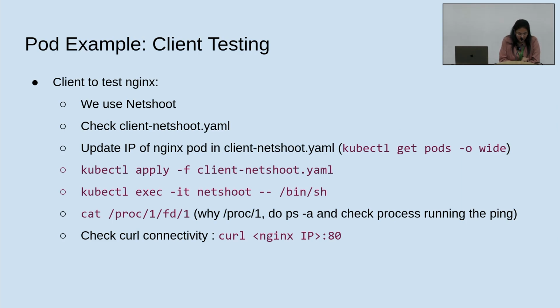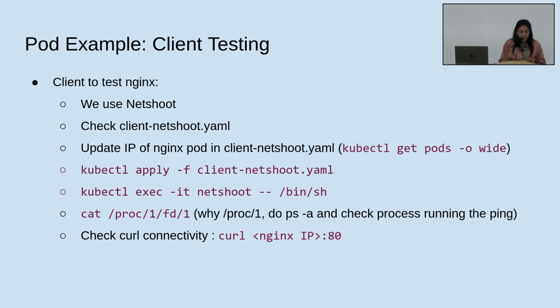What this YML basically does is it starts a netshoot pod which runs this netshoot container, which can be used to access this other Nginx container that's running inside the other pod, right? So there are two pods and you want to see if these two pods can communicate with each other.